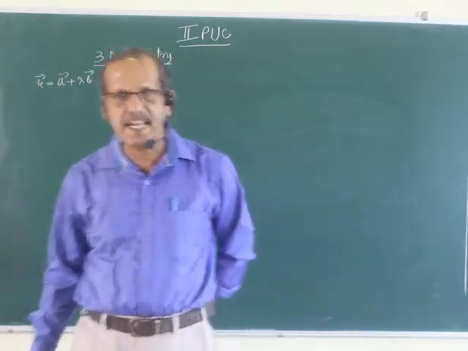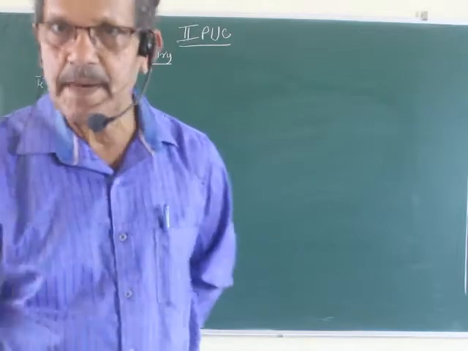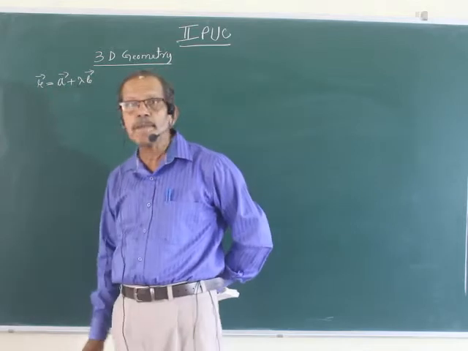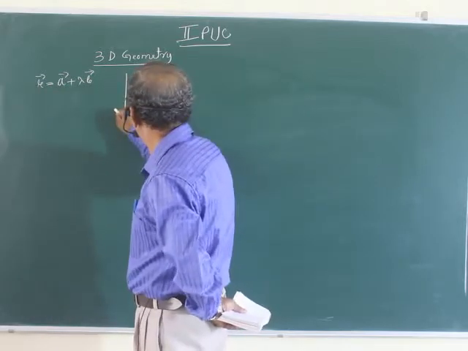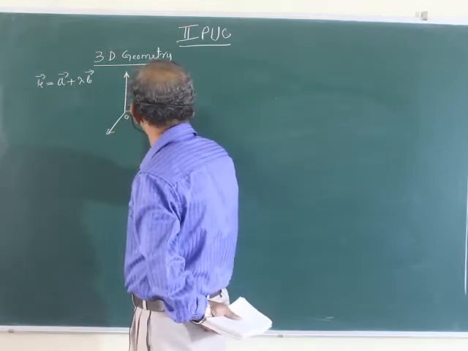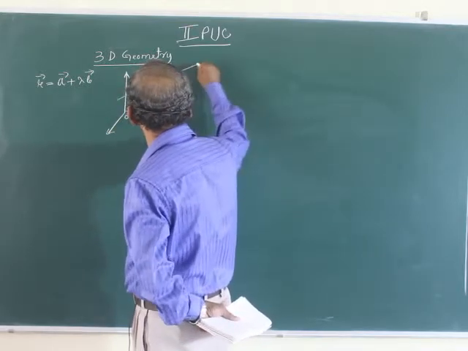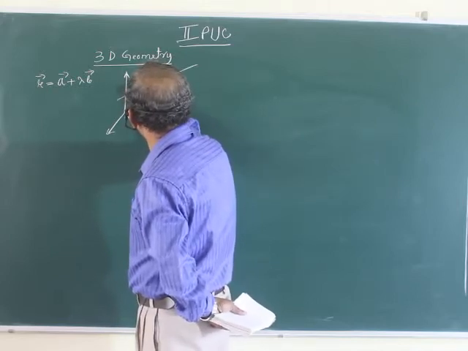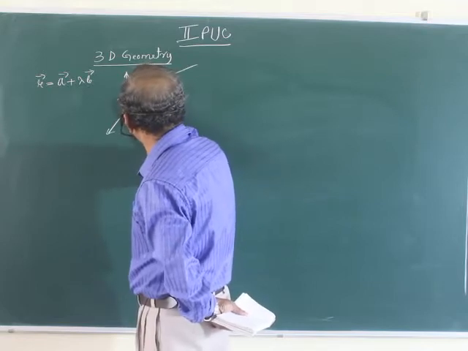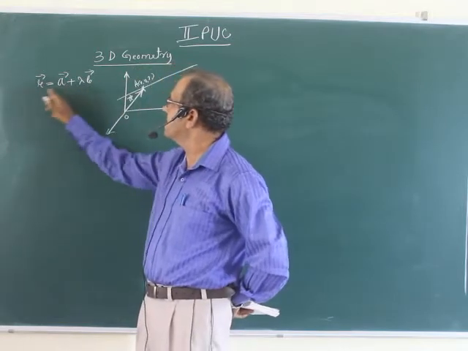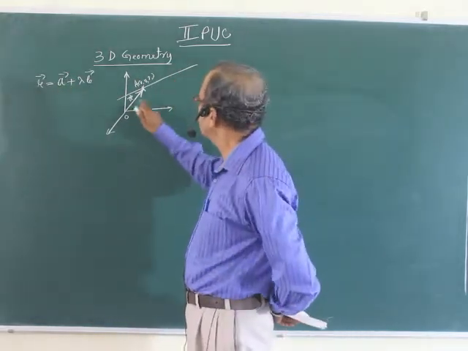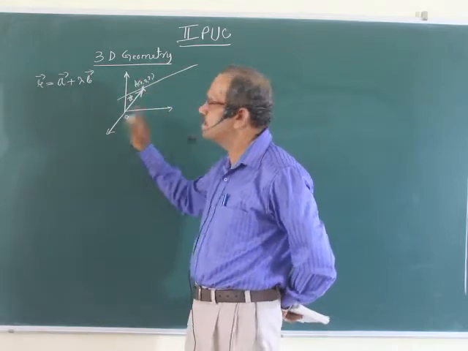We have already written the equation of the straight line. But here remember, this is the equation of the line passing through the point A (x1, y1, z1), where this is the vector A. Vector A is actually the vector joining the point with the origin.